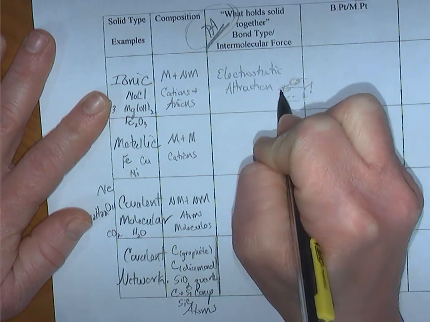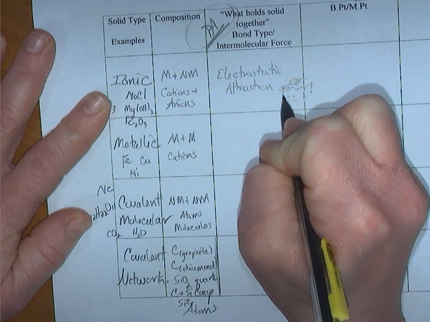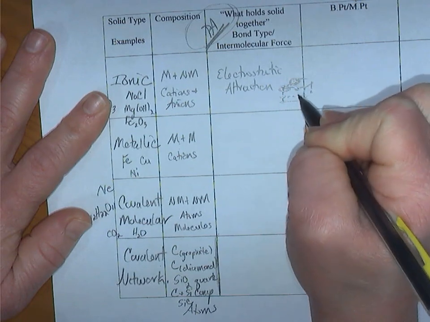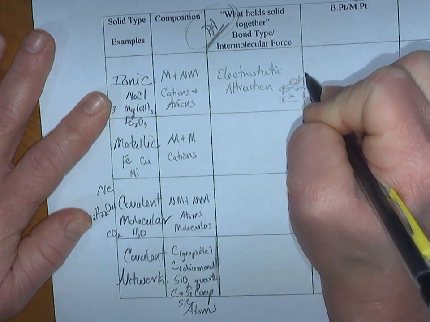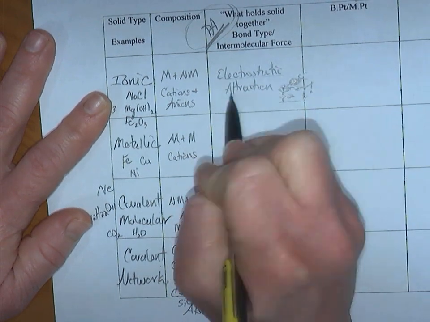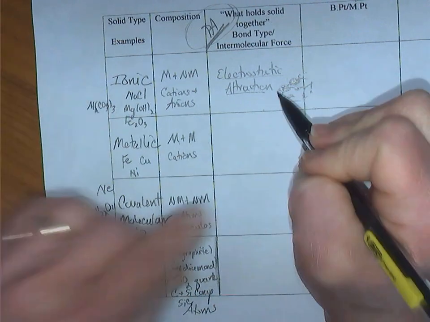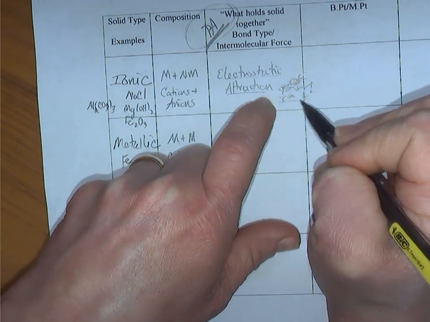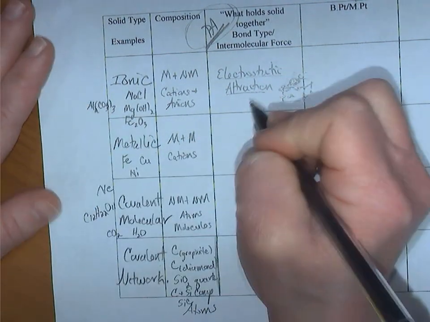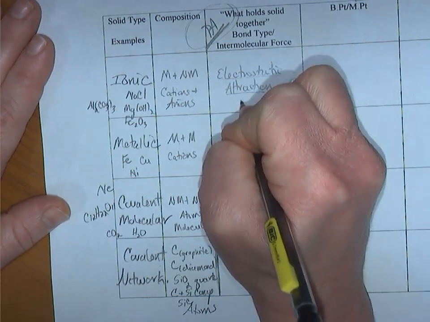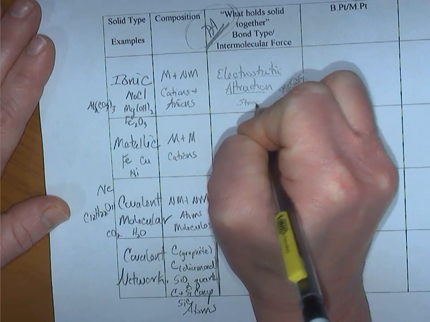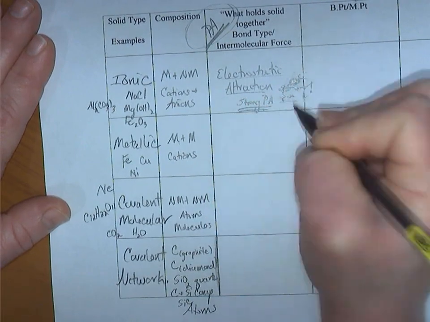It's also attracted to this sodium, and the one maybe here. And then this would be attracted to this chloride and so on. So it's a network of electrostatic attraction that extends throughout the entire crystal lattice. Remember, electrostatic attraction is pretty strong. So this is going to be pretty strong, which will impact the characteristics from there.